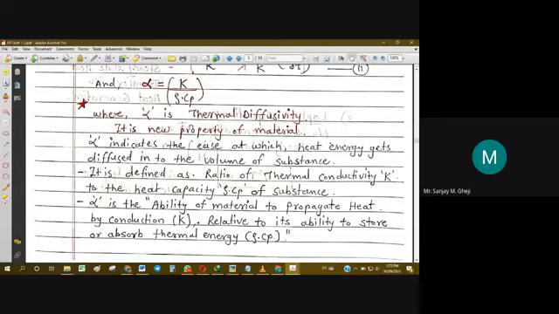It will first absorb the heat, and then heat will be conducted through that material. That material will have some conductivity and some value of rho and Cp, that is heat capacity. If we take the ratio of both these two, that will indicate the thermal diffusivity of material.